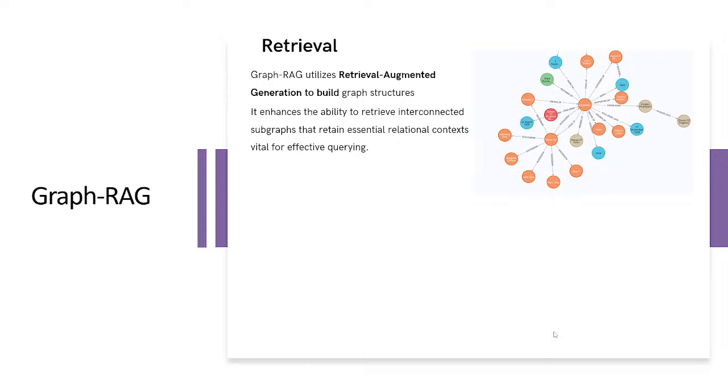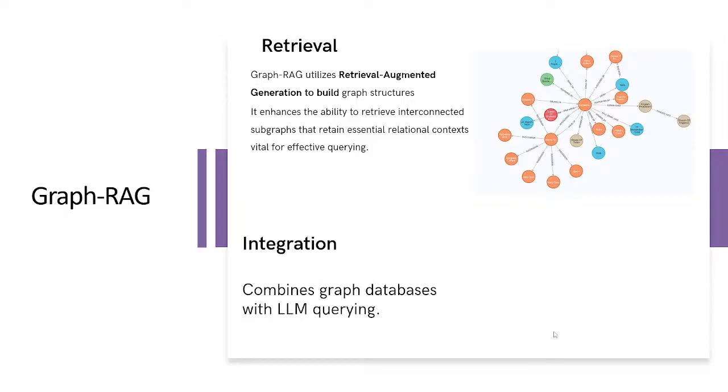In Graph Rag, instead of giving just a database, we change the data into a graph. The technique combines the graph database with LLM querying. And this enables complex relational reasoning because it's not retrieving flat data, but rather a graph.